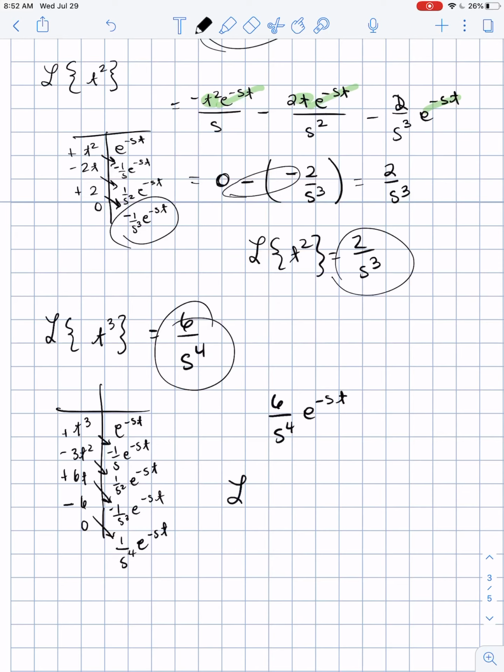So anytime you have a power, t to the n, we know we're going to have s to the n plus 1 because it increases by 1. The top is actually n factorial, okay? And this works for n equals 1, 2, right, and so on.